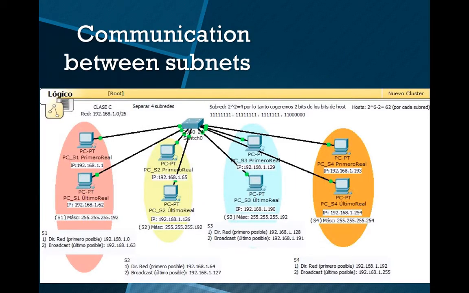The process of segmenting a network by dividing it into multiple smaller network spaces is called subnetting. These subnetworks are called subnets.